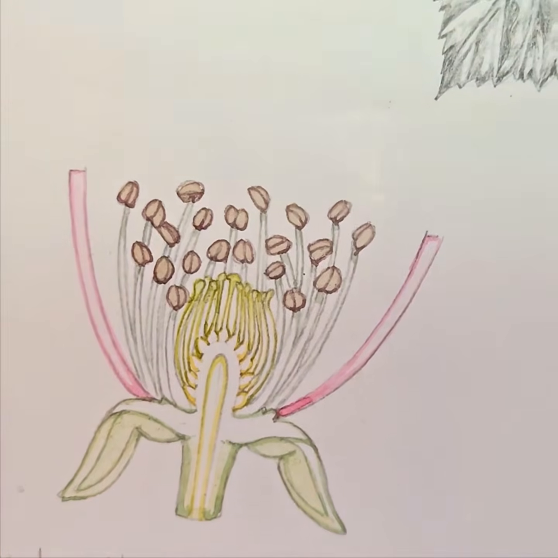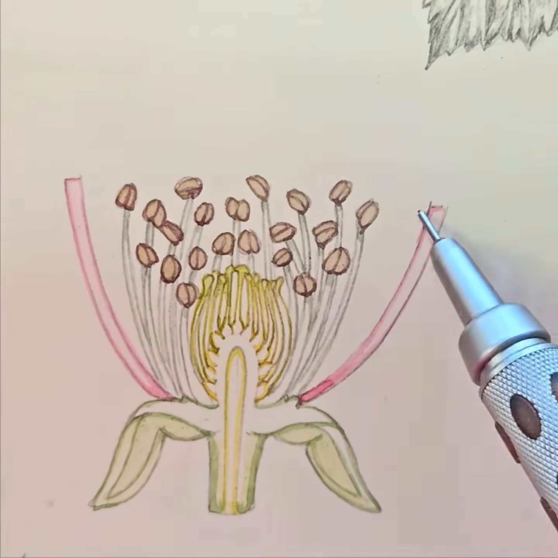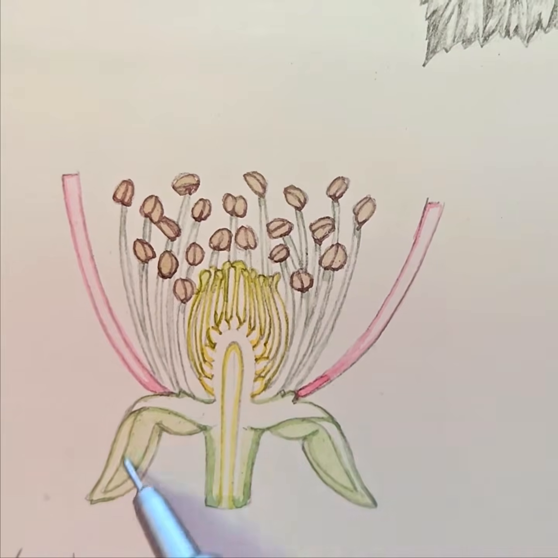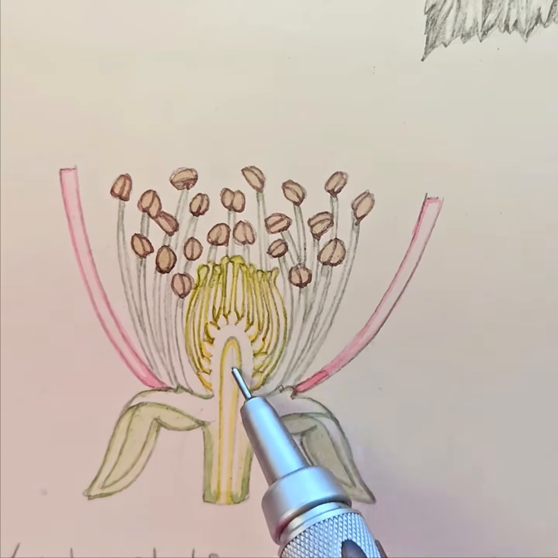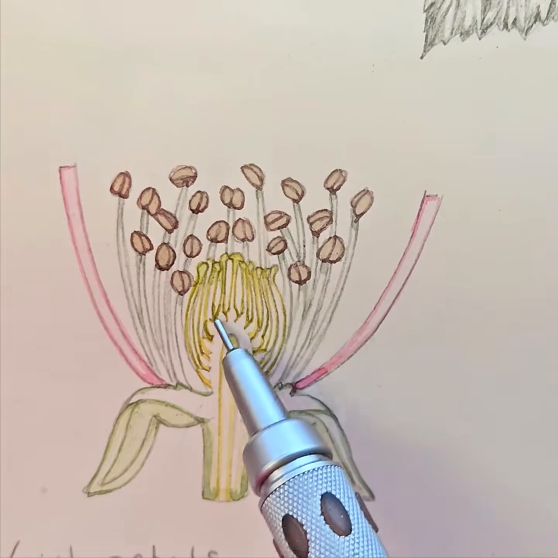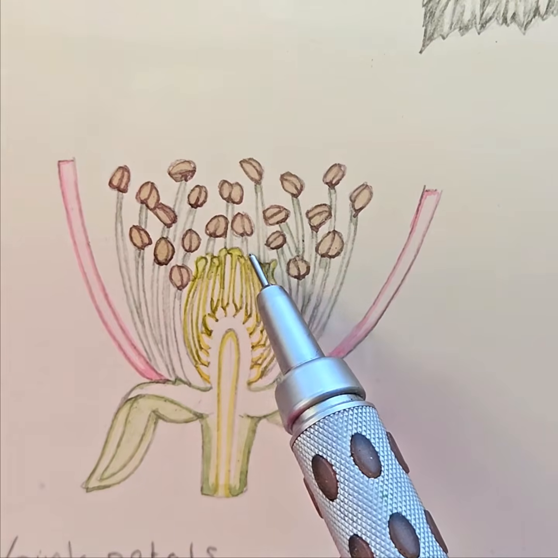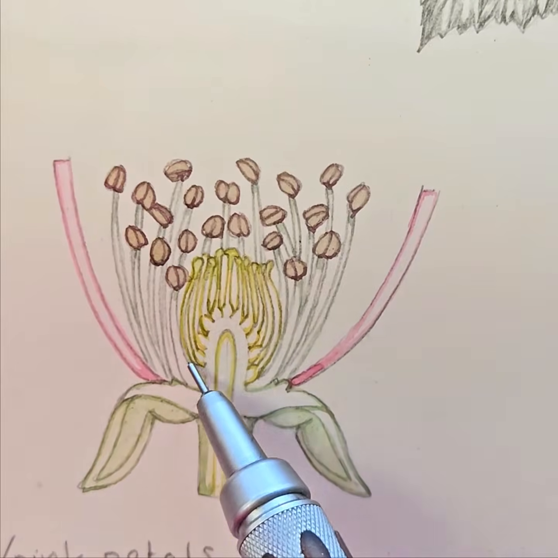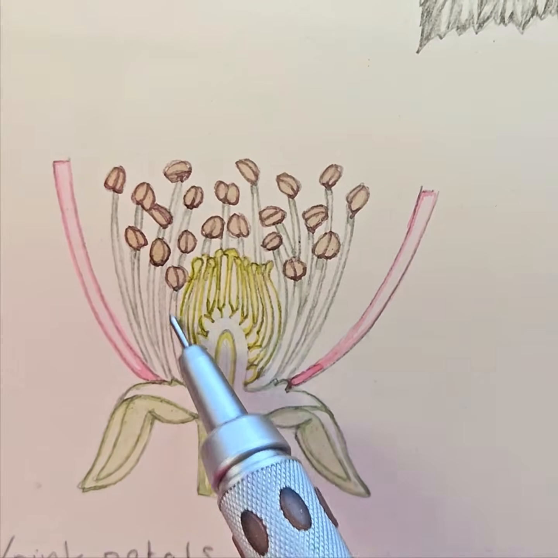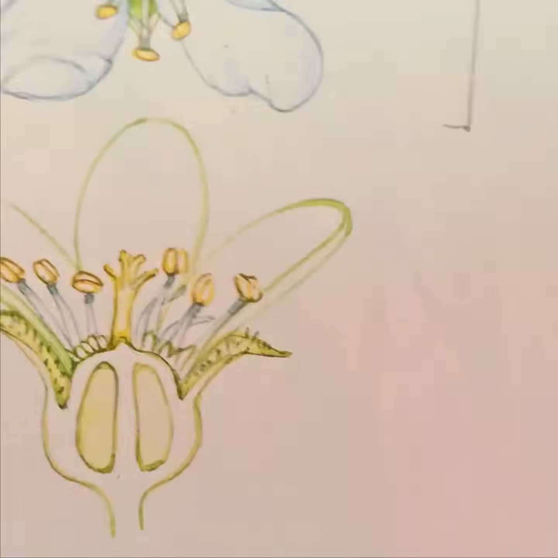And this is a cross section of the same plant. You can see the corolla or the petals, the sepals or the calyx. All of these are part of the female structure which attaches to the ovaries. So these are all little sticky stigmas at the end of styles, and all of these are stamens made of a filament and an anther.